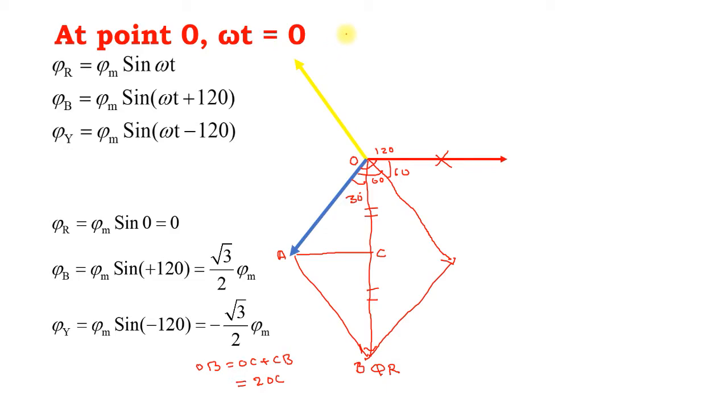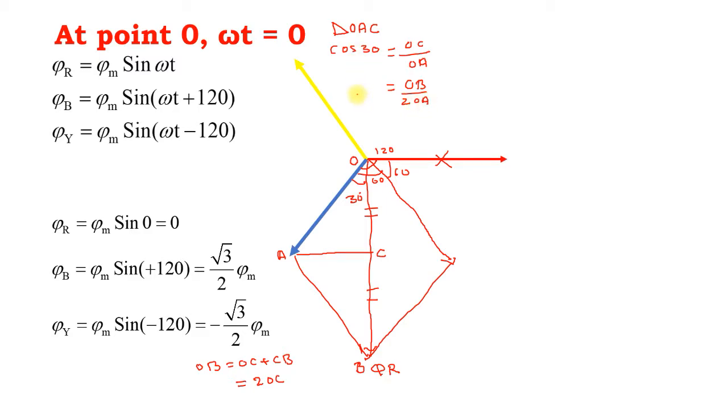Now let us consider cos 30 from the right angle triangle OAC. Cos 30 is equal to the adjacent side OC divided by the hypotenuse OA. We already know that OC is nothing but OB divided by 2, so it is OB divided by 2 into OA.